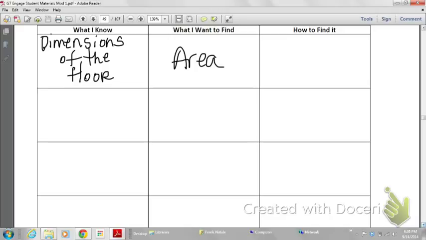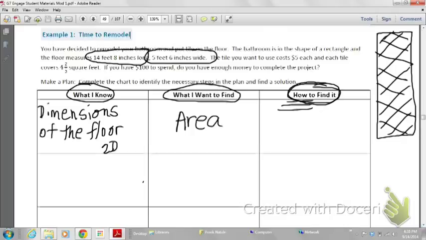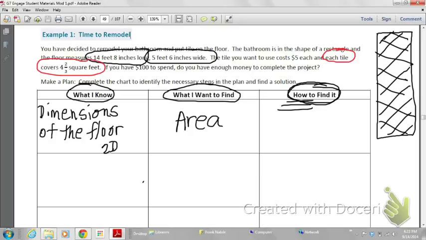Okay, welcome back, and let's go ahead and note a few more things that we know. We figured out we knew the dimensions of the floor. We knew that we wanted to find area using those dimensions. Something else that we know is we know how large, or how many square feet each one of these tiles is.